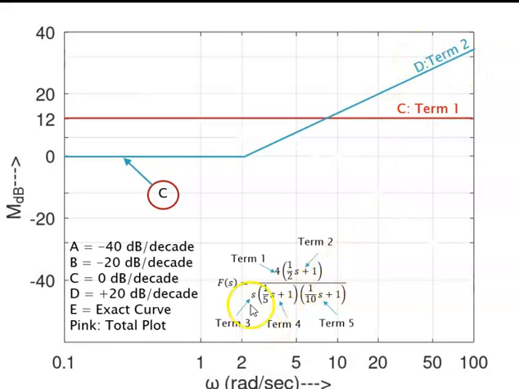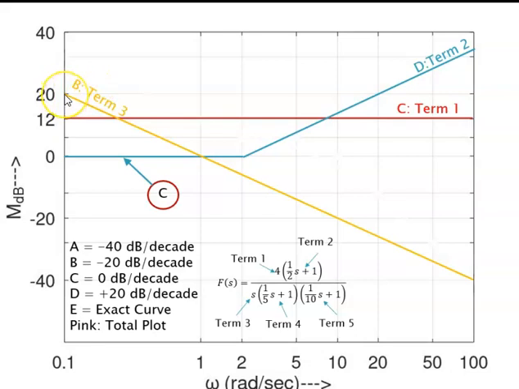The next term is the lone s term, the integrator s term in the denominator. It will be a line going at minus 20 decibels per decade all the way down. Let us show that. You need to be careful how you obtain this 20 decibels here at the beginning.